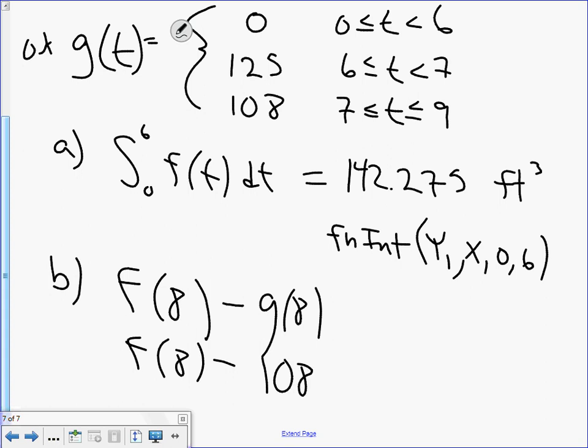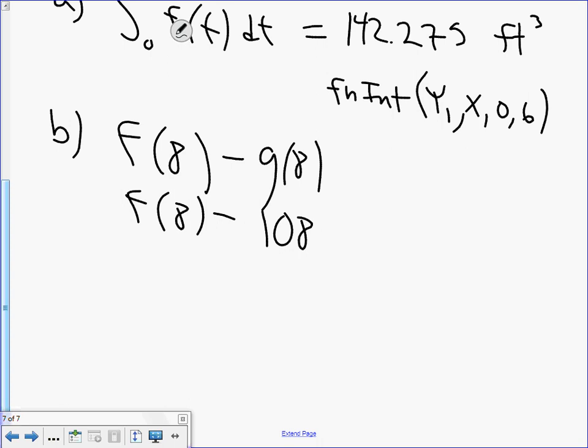So now on our calculator, to figure this out, we would type in y1 parentheses 8 minus 108. Oh, wow, we're getting a negative value for rate in minus rate out at time 8.